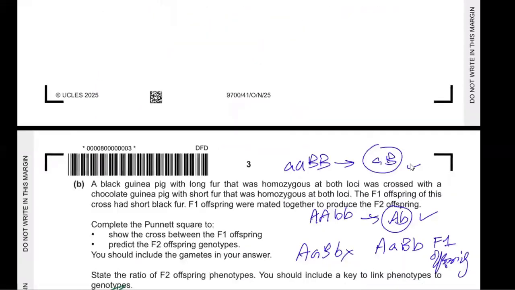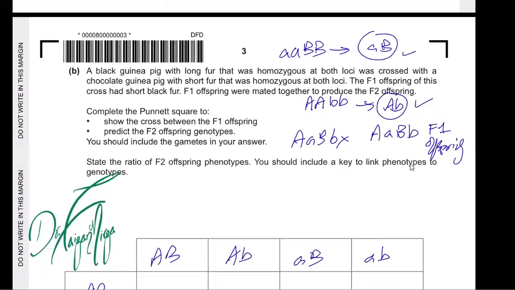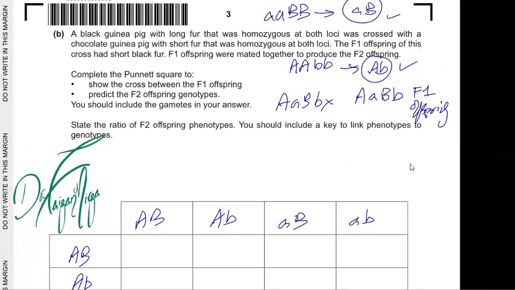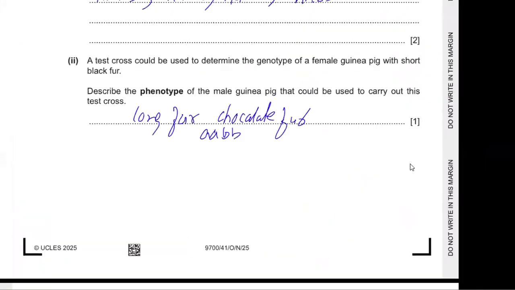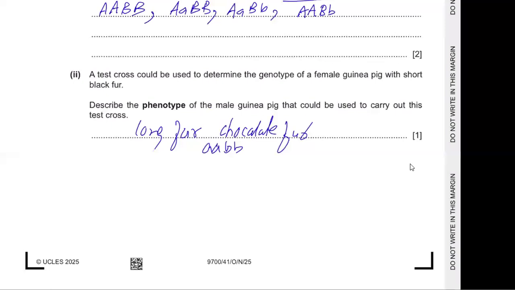Then we look at the offspring in the next generation, whether they show the recessive trait or not. If they show the recessive trait, it means that this parent also passed on the recessive allele, and the other parent also passed on the recessive allele. So the chance of an offspring with long fur and chocolate fur will be there if the other parent is also carrying the recessive alleles together with the dominant allele.